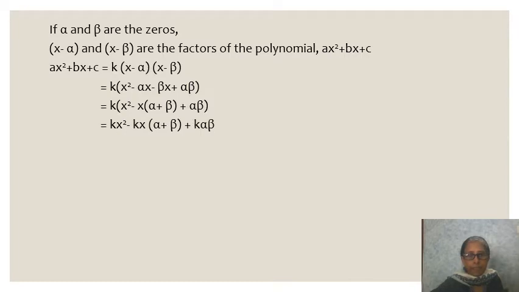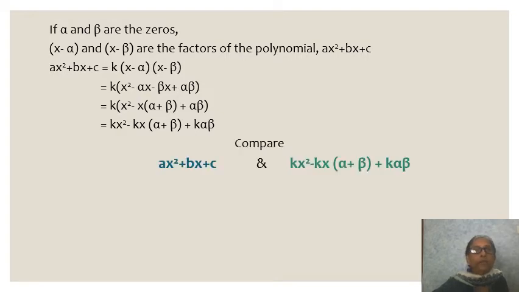Is it clear? Now here we have multiplied k with all the terms in the bracket. So it becomes kx square minus kx into alpha plus beta plus k into alpha beta.